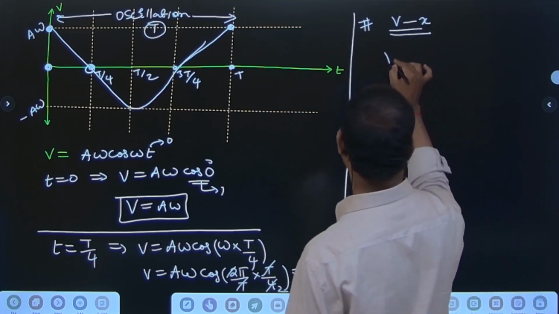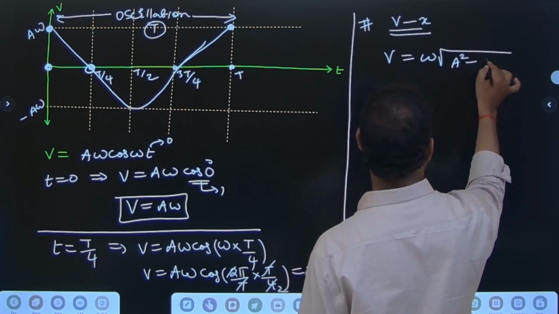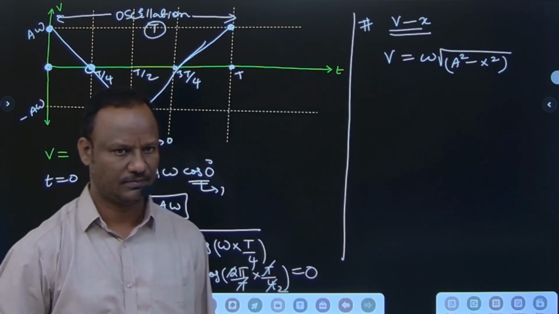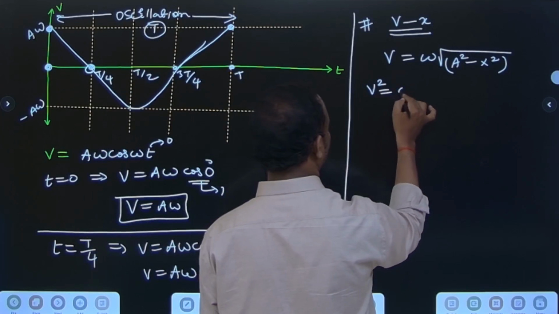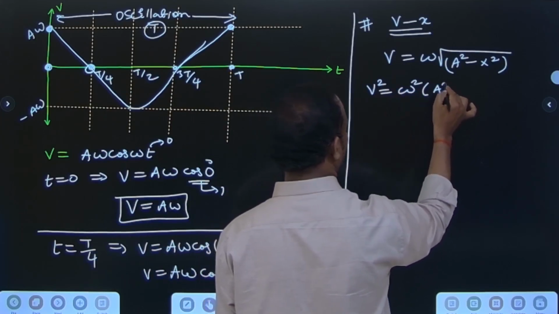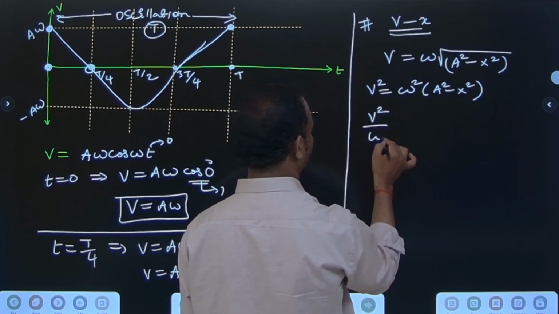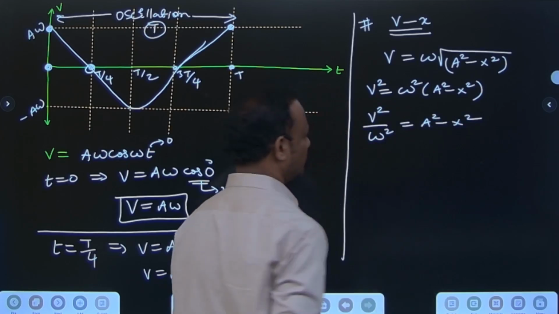V is equal to omega under root of A square minus x square. Carefully, important. Squaring on both sides, V square is equal to omega square times A square minus x square. So V square by omega square is equal to A square minus x square.